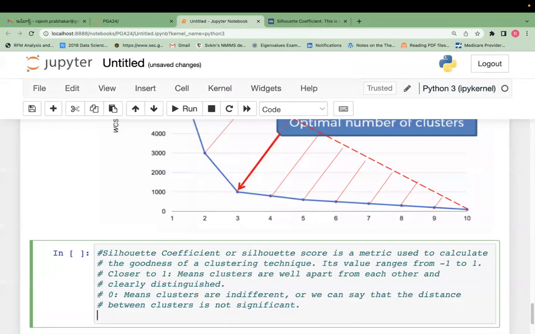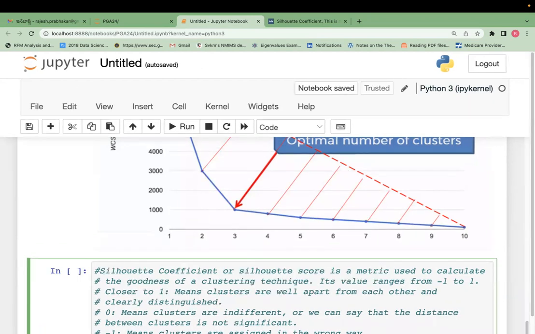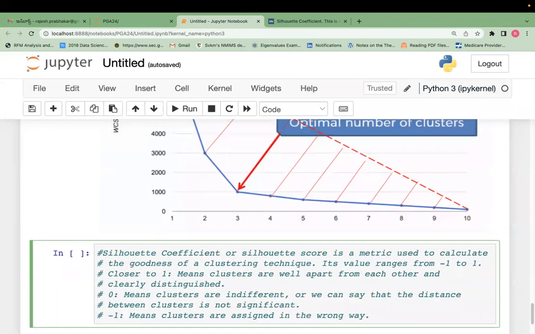If you get a negative score, that means your clustering process is giving you wrong output. When I say wrong way, it can mean observations are assigned to the wrong cluster, or overlapping clusters, one on top of the other, like your Venn diagram. Then you get a negative score, down to -1.